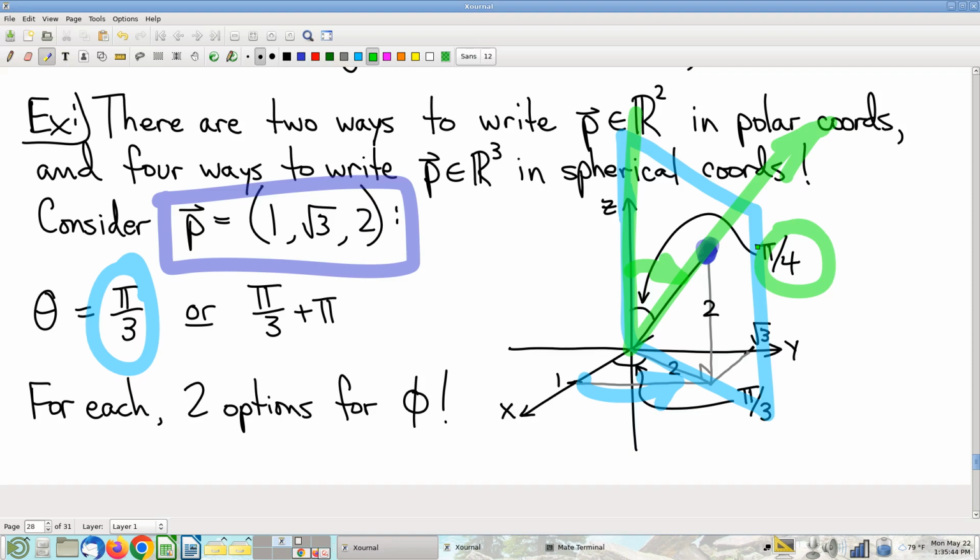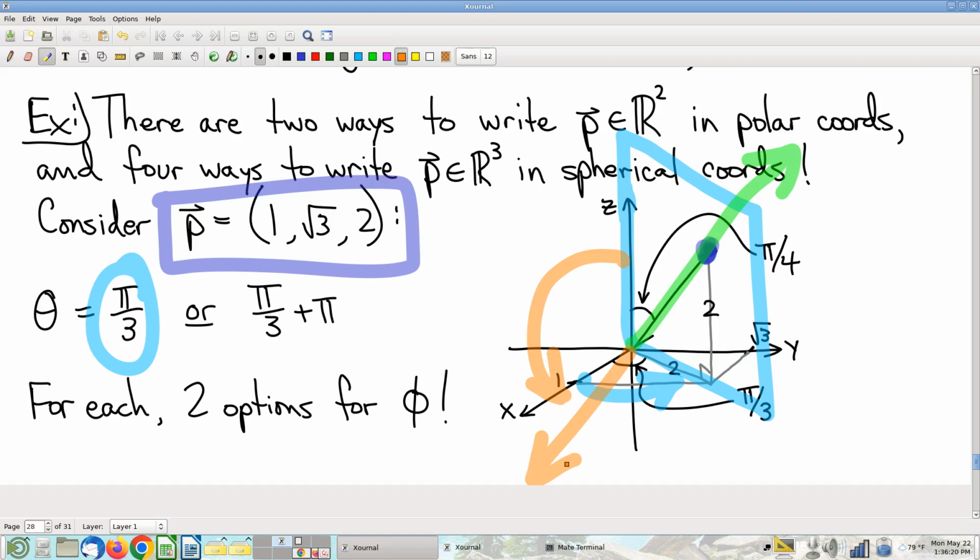But let's recognize there are other ways that I could get to that same point. And here's one of them. Let's keep theta as pi over 3. And then let's recognize that this direction is what I get when, instead of going that way by pi over 4, I went the other way by 3 pi over 4.